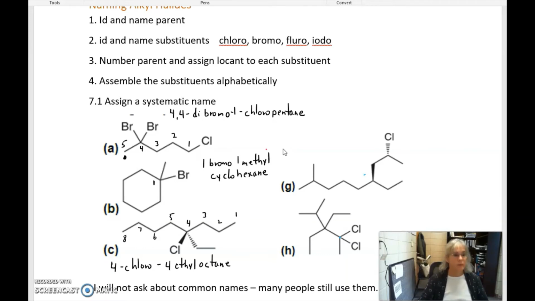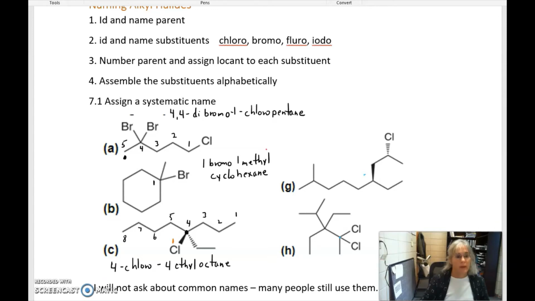Now, there is an additional complexity here. This is a stereocenter. And so we're going to need to give it whether this is an R or an S configuration. So the chlorine is going to have the highest priority. And then we're going to compare carbons.